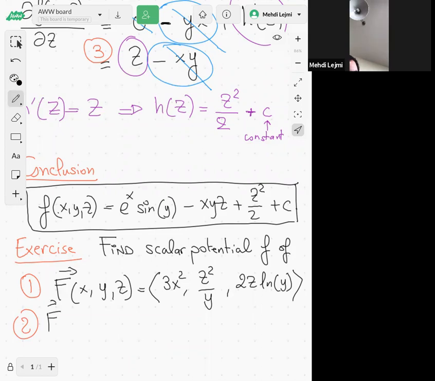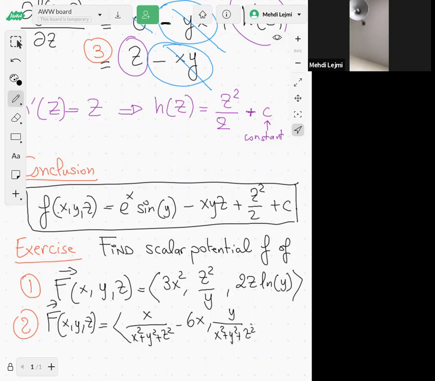And number 2, remember we had this long vector field with the x squared plus y squared plus z squared. Here you need to find the potential function of this vector field. So x over x squared plus y squared plus z squared, minus 6x. The second component is just y over x squared plus y squared plus z squared.